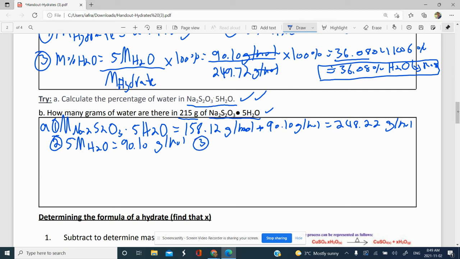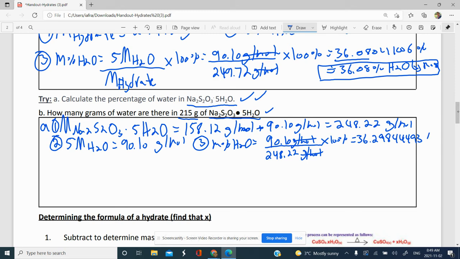And our step 3 is to find the mass percent of water by doing the molar mass of water times 5, which is the 90.10 grams per mole, divided by the entire molar mass of the compound, the 248.22 grams per mole, times 100%. 90.10 divided by that entire molar mass times 100 gives 36.298444...%, or if I want to leave it to 4 sig figs, it rounds up to 36.30% H2O by mass.